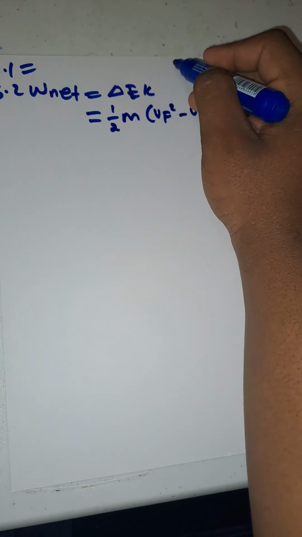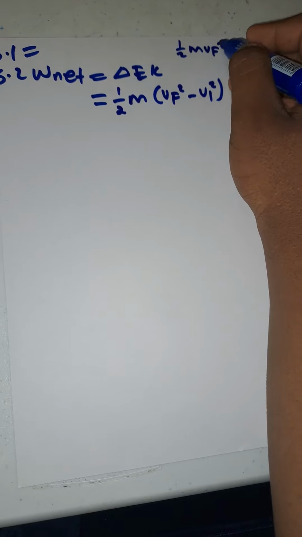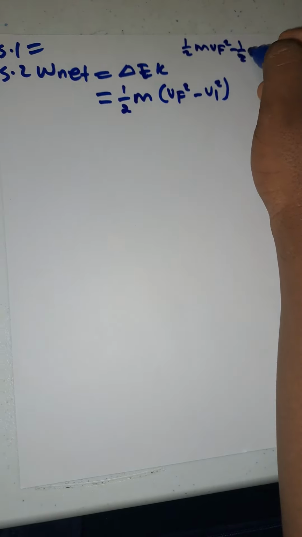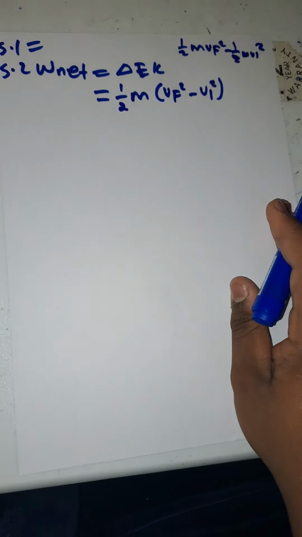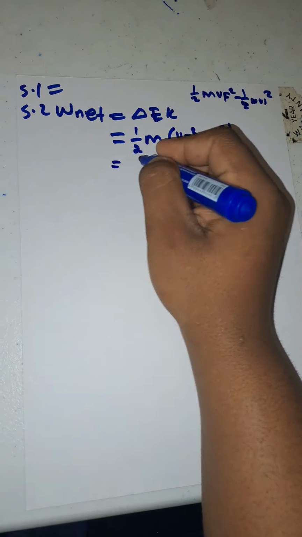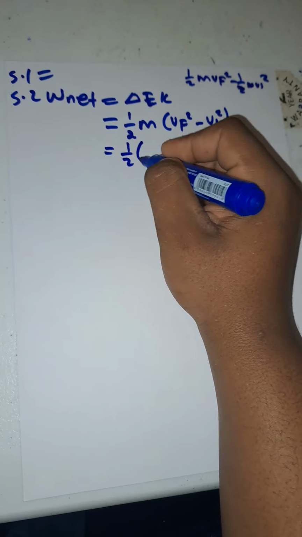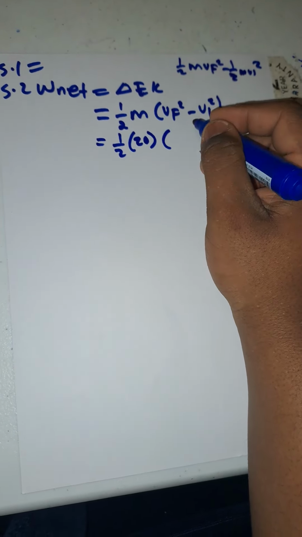I need you to know what this stands for: half m Vf squared minus half m Vi squared. So I simply factored out half m, and then I'm left with that one. Now let me substitute there. My mass, so it's going to be 1 over 2 times 20, times Vf squared minus Vi squared. Vf is the one they want.